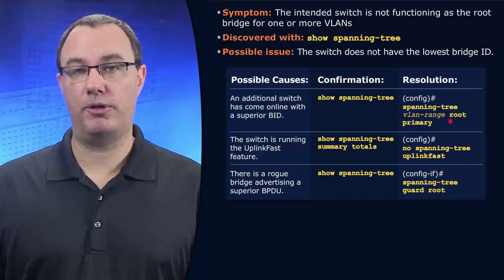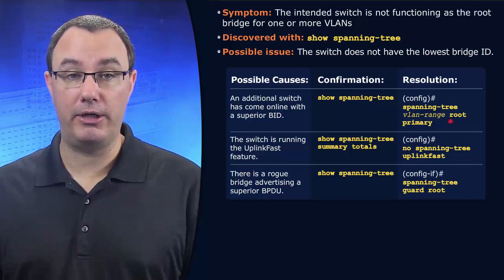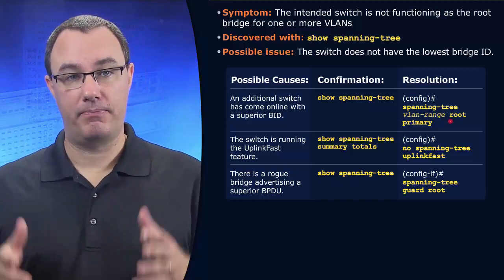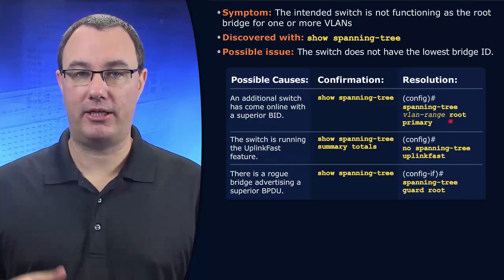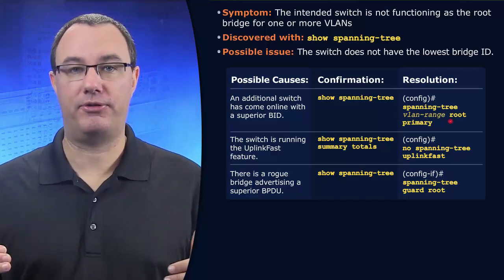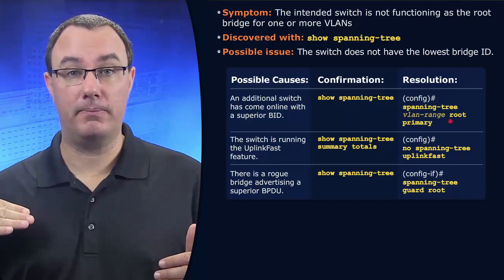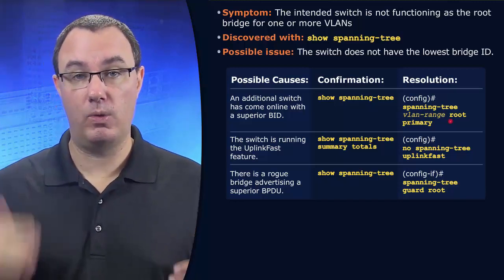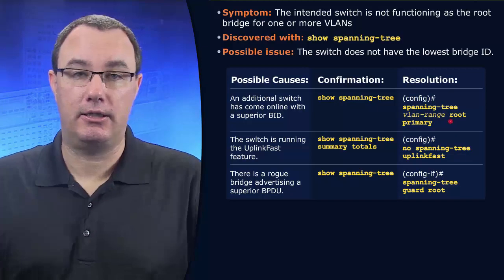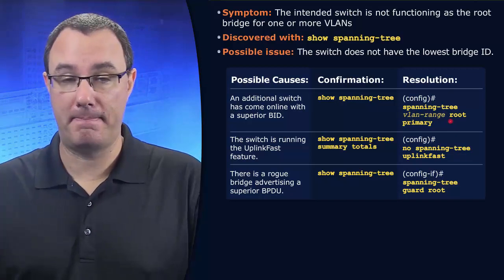We can go into global configuration mode and say this VLAN range is going to have this priority, or we can utilize this macro command saying root primary, which says make sure that you're the lowest in the topology. So it'll go one notch lower than whatever the best criteria is for the root bridge election right now.